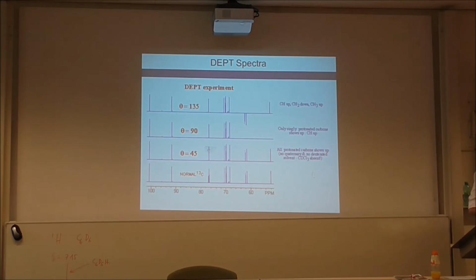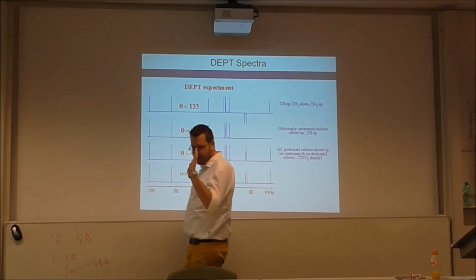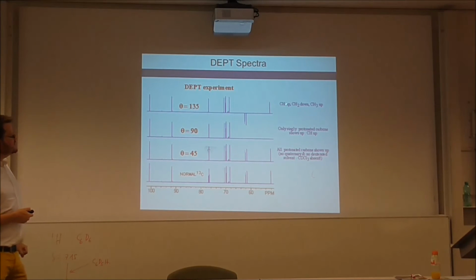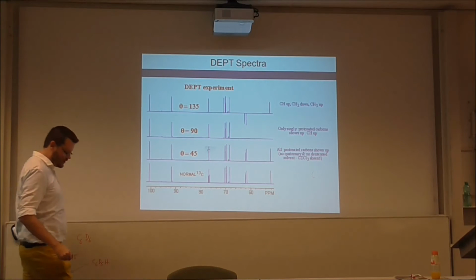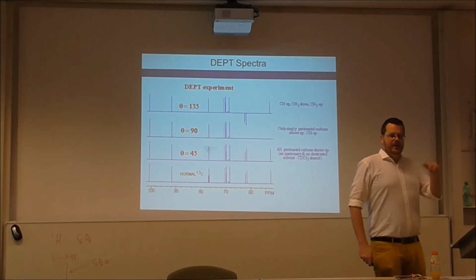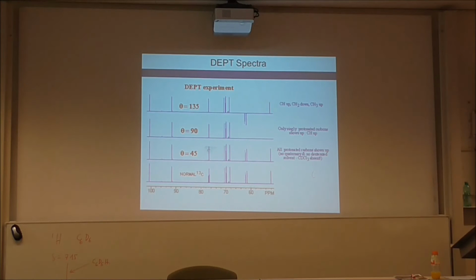The most commonly used DEPT spectrum is the DEPT 135. That gives us a very nice summary, if you will. The CHs are up, the CH2s are down, and the CH3s are up. So for example, you can clearly see, just by recording the spectrum, that these 2 pointing down correspond to a methylene group. So in your future chemical work, recording DEPT spectra can be quite useful.